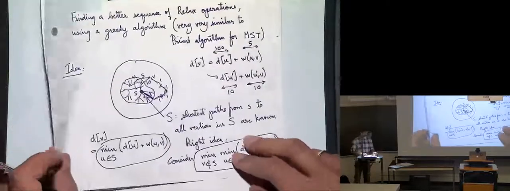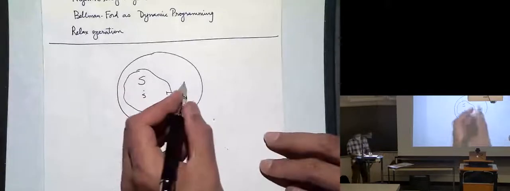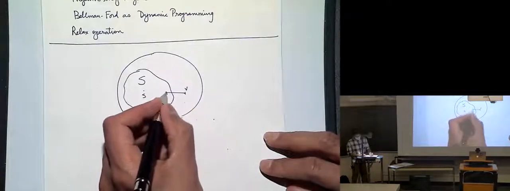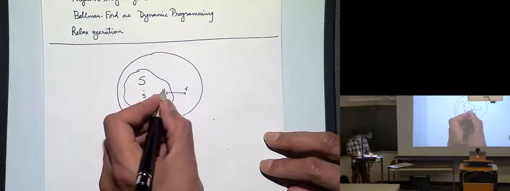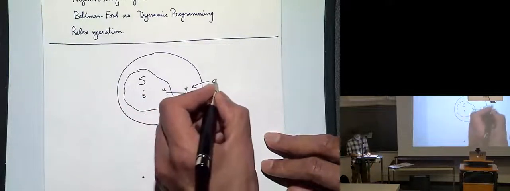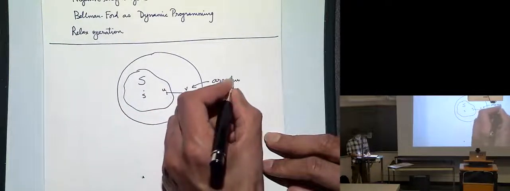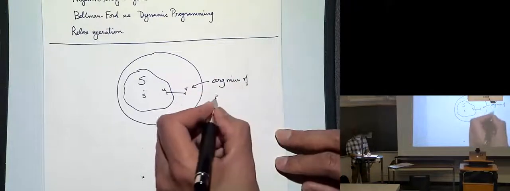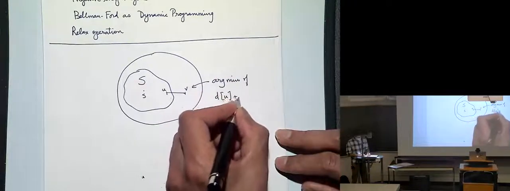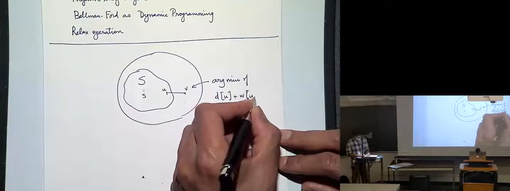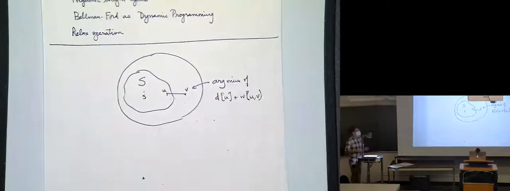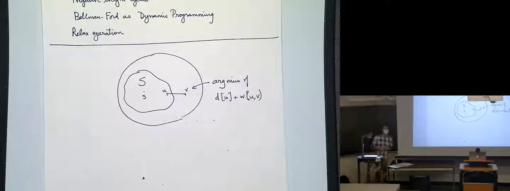So here's your V, and here's your U, and these are the argmin of du plus weight uv. What is the problem when you have negative weight edges?